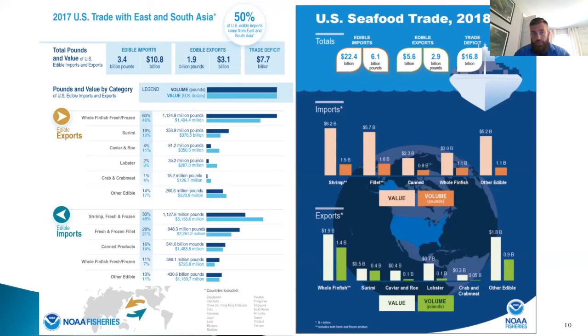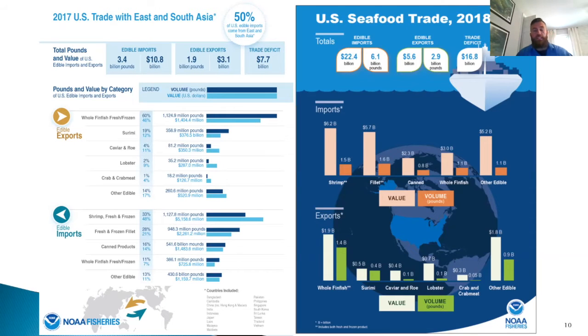So there's the trade deficit. NOAA tends to report these figures, which are from 2017 and 2018. There's a little bit of disagreement over how these numbers are supported. But overall, what we see is that trade in terms of seafood import versus export is typically in deficit mode. We are almost always in the red.